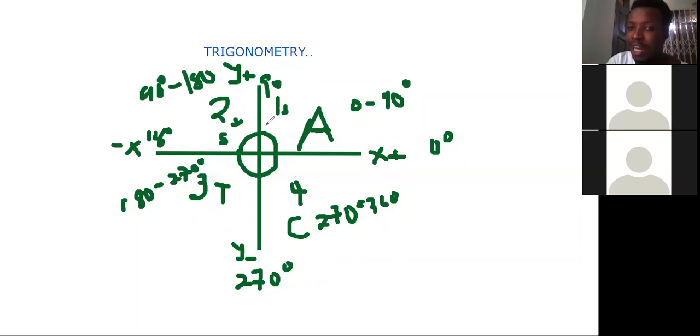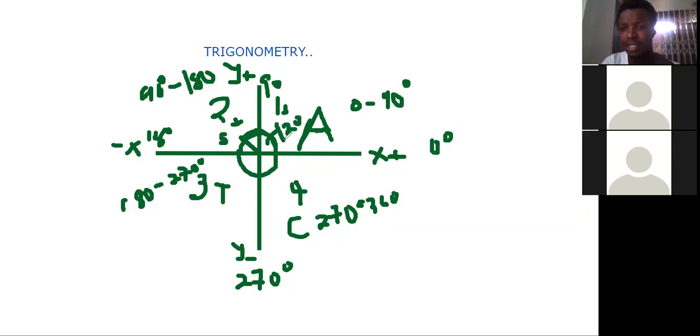Let me explain it again. If I'm to talk about bearing, maybe a passenger travels from here to here, and the angle is maybe 120. So the angle here is 120.